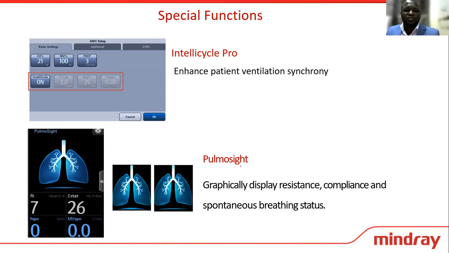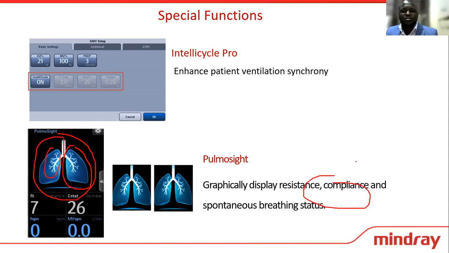The second special function feature is the Palmosite. As you can all see, these are the lungs. As you're ventilating your patient, you're able to see the resistance on both lungs. You're able to see the compliance of the lungs in terms of change of pressure and change of volume during ventilation.